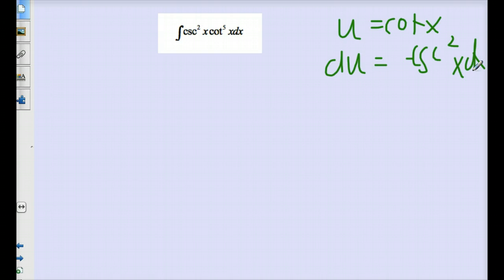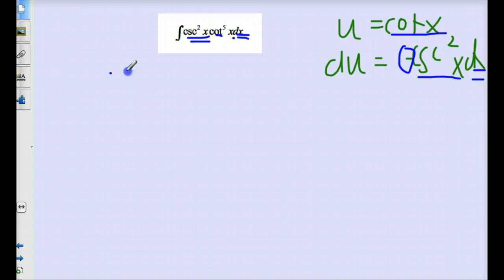Right, so if I start my underlying process, I know I have cotangent right here. I also have the dx right there. But I also get this cosecant squared covered from here. The only thing I need to pull out is this negative.